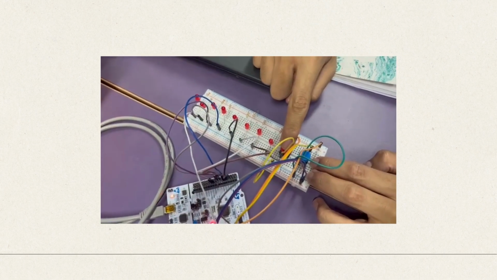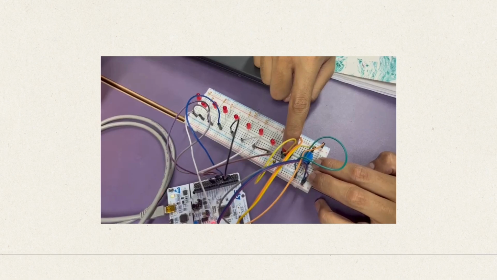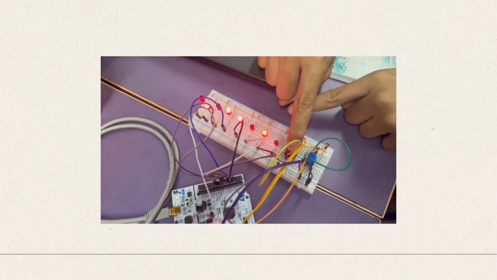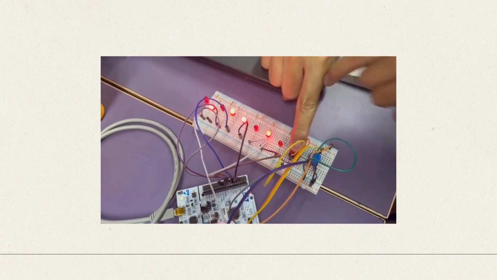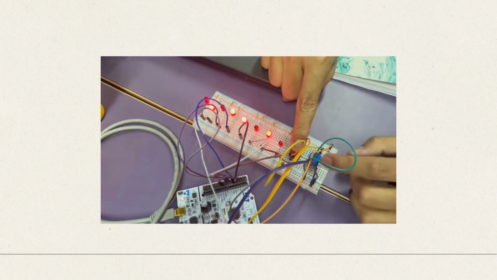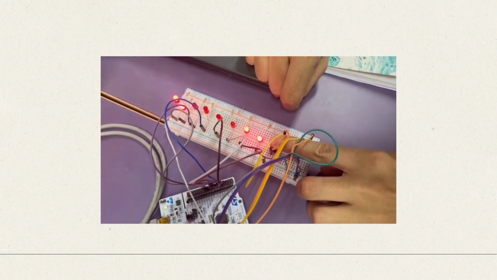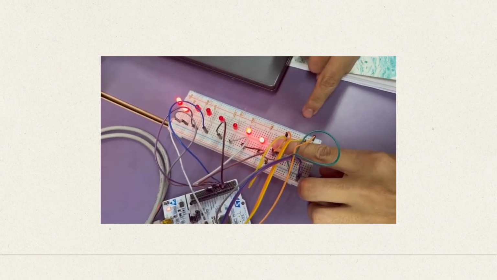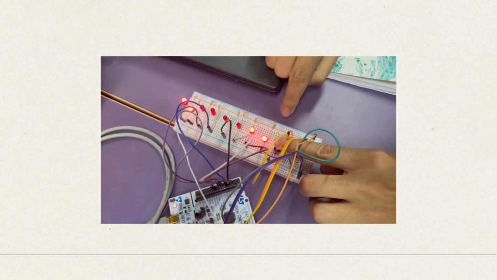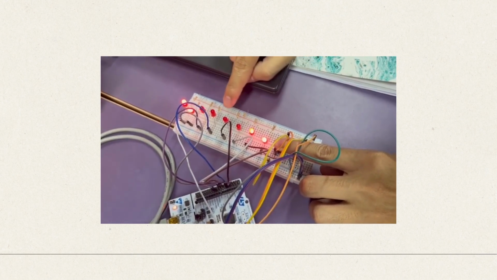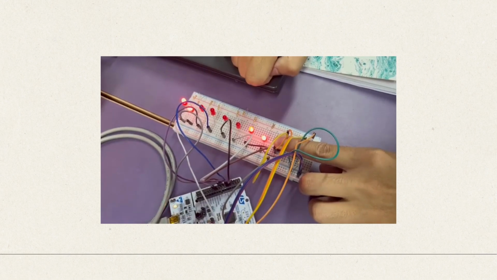When we push the button SW1, we can see that LEDs 1, 3, 4, 6 will turn on, and when we push both buttons, you can see that LEDs 0, 1, 6, 7 will turn on.